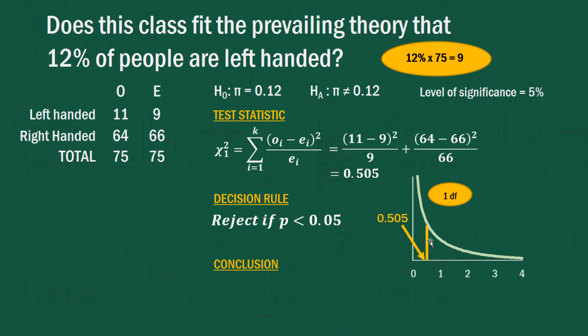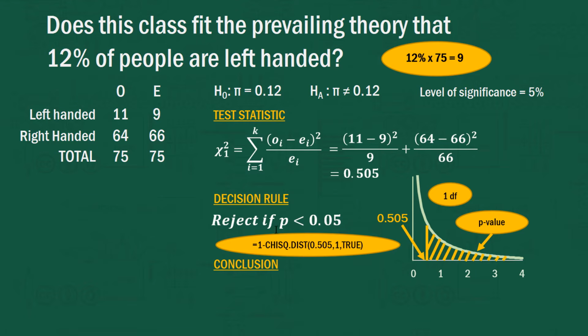Well, we could construct what's called a p-value, which is basically like the area in the upper tail above that particular point. So the p-value is going to be this shaded region here, and you can calculate that using Excel as well. And you'd use this formula here, which is the chi-squared.dist formula.